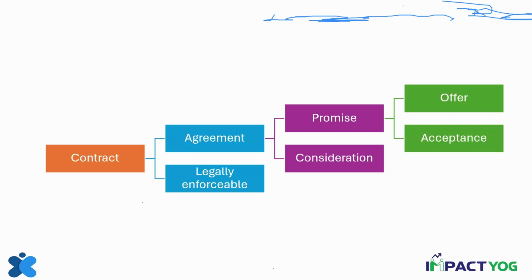There is a promise. So there is an offer by a vendor against your requirement. Acceptance has been done of that offer by you. So it becomes a promise by the person who has accepted it: well, I now promise to buy this item from you, and at what price. That is what is called consideration, and this becomes a legally binding agreement.